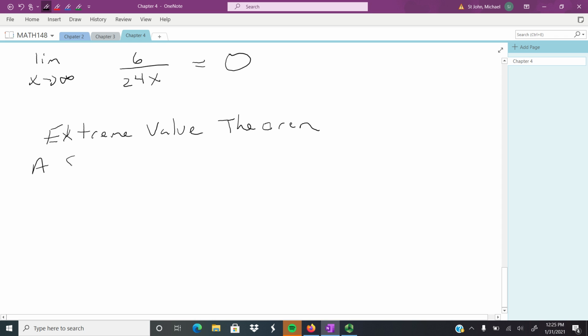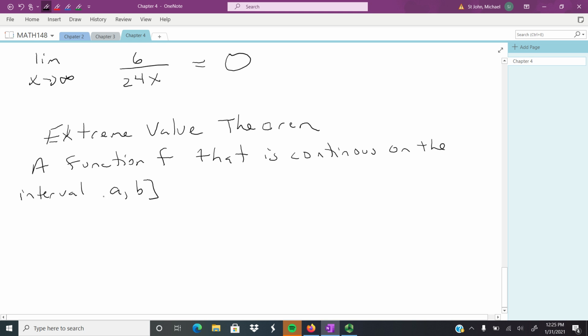A function f that is continuous on the interval a to b has both an absolute max and min on that interval.